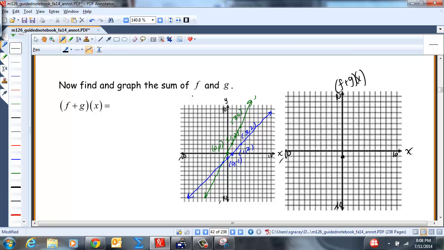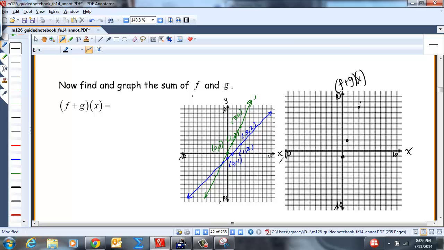We'd have 1, 2, because 2 plus 0 is 2. And over here 3 is the input, and then we'd have 6 up here plus 2 is 8. So 1, 2, 3, 8.